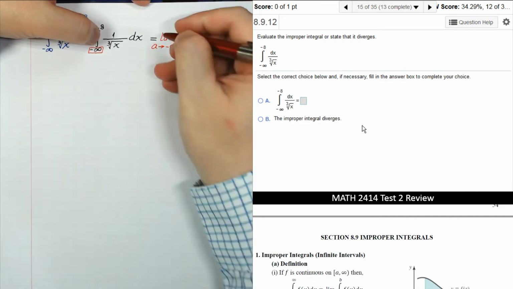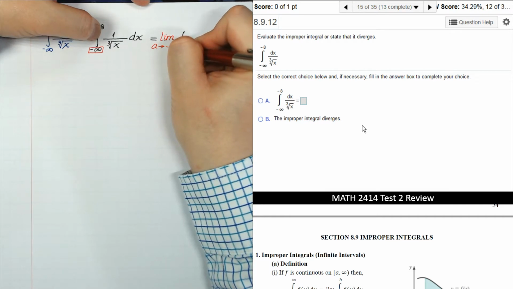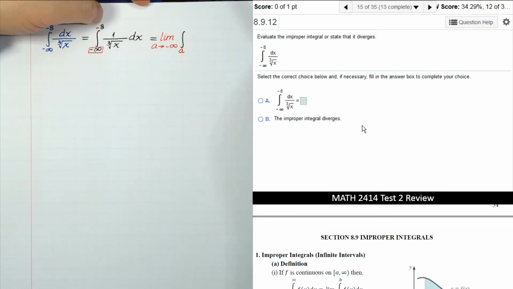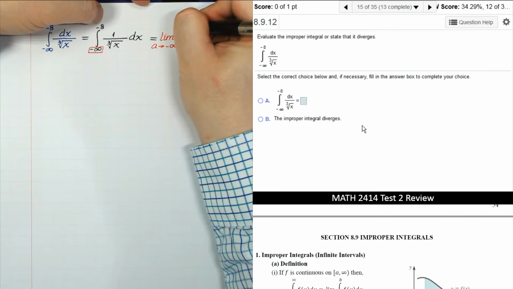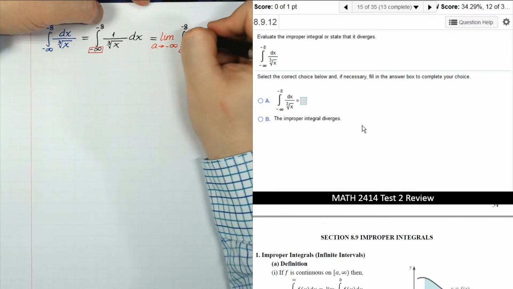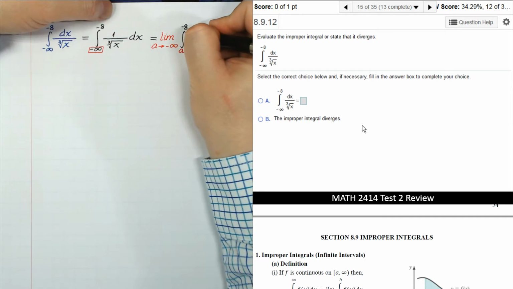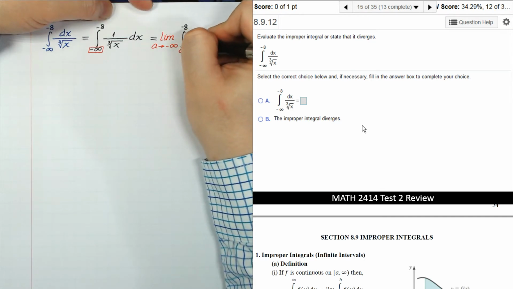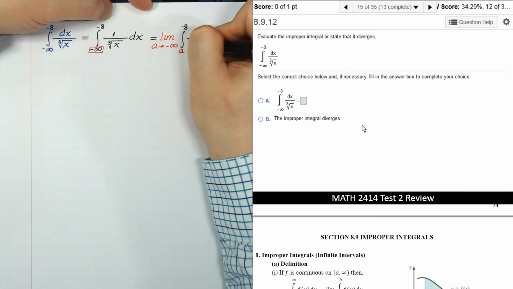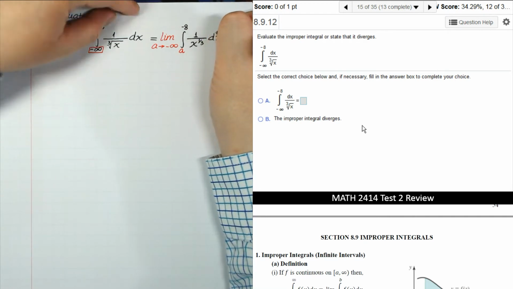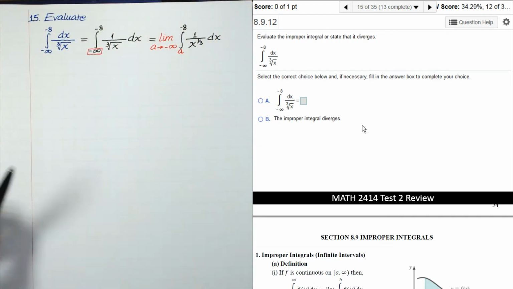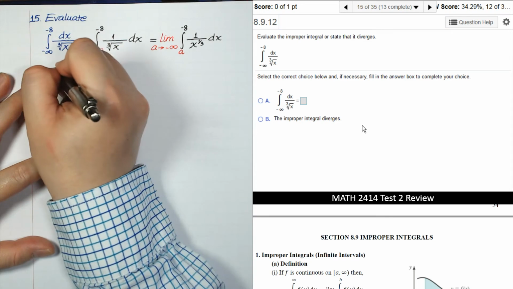At the bottom, there's a. On the top is negative 8. Right. This cube root of x, let's write that as x to the 1/3. It will be easier to integrate that way. Right.